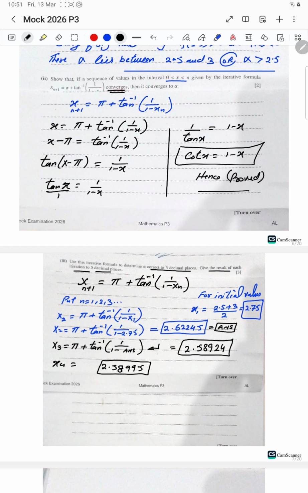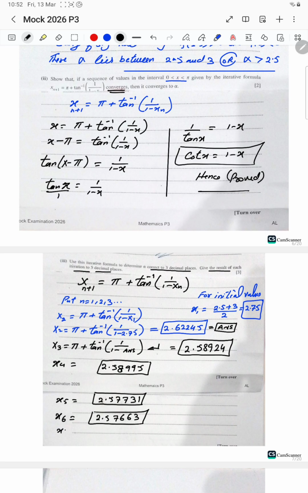This is the fourth iteration, and then pressing equal again, we get 2.57731, because we have to write in 5 decimal places and get the answer correct to 3 decimal places. Pressing equal again, we get 2.57663, 5 decimal places.